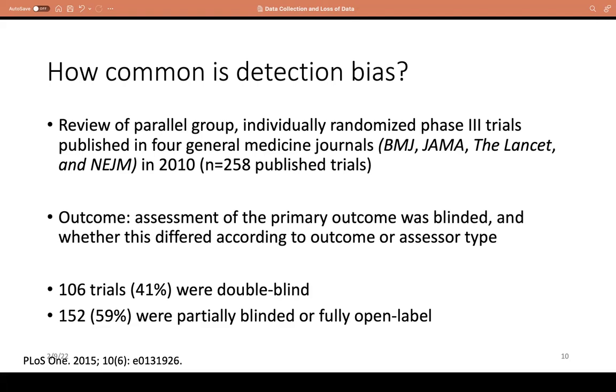And 106 trials, so less than half, 41%, were double blind, and 152, or 59%, were partially blinded or just fully open label. So sometimes it's not always going to be possible, but you really want to ideally blind, and think about what types of bias you may be introducing in non-blinding.